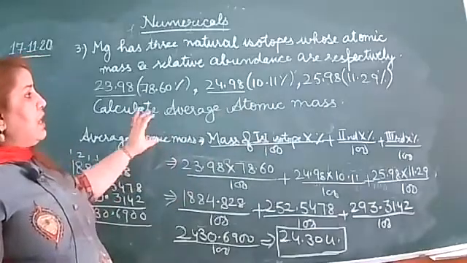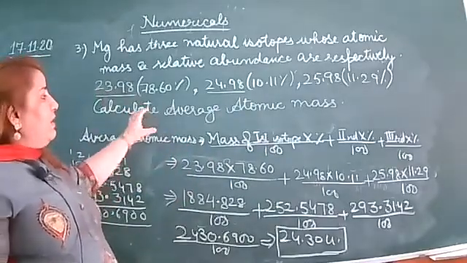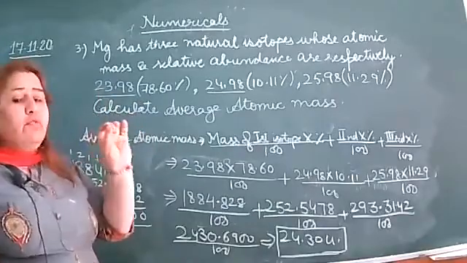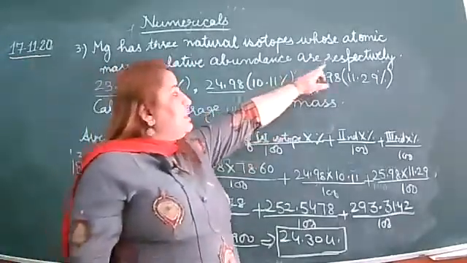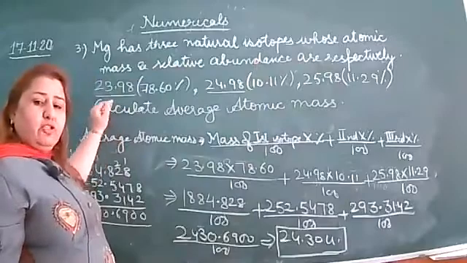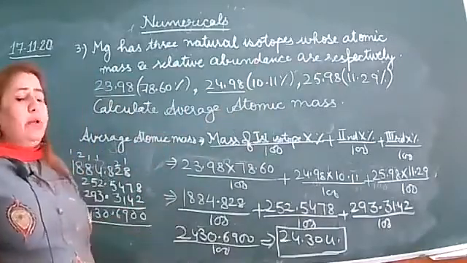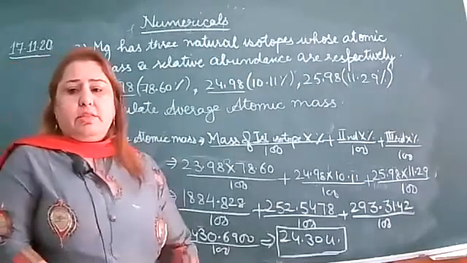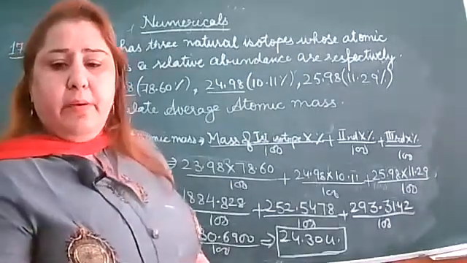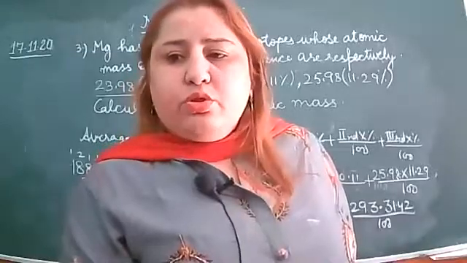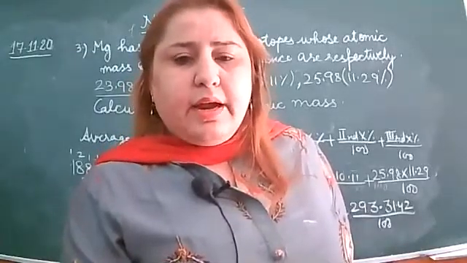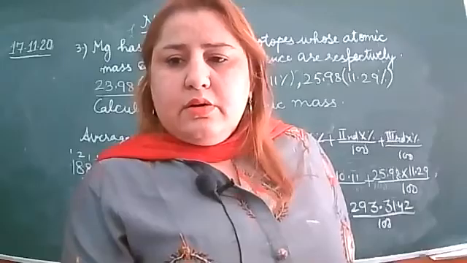We have to see what they are giving and what they are asking, and if the word respectively is mentioned, respectively means you have to follow the sequence, right? So numericals will be based on all these things, right beta? Any doubt to anyone, then ask, right? Okay.